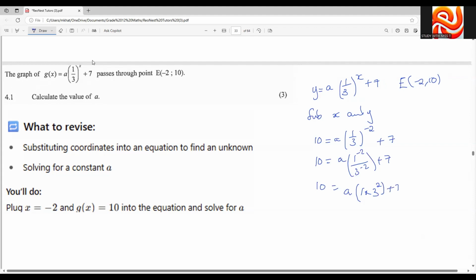Plus 7. So now I'm going to transpose to have 10 minus 7, which is equals to a times 9. So we're going to have 3, that is 9a. So I'm going to divide both sides by 9, and my a will be 1/3, okay?